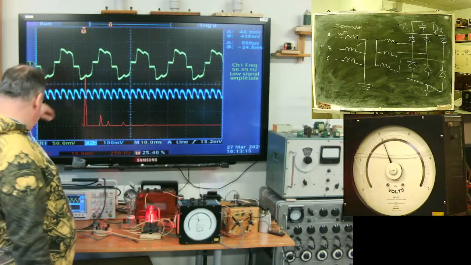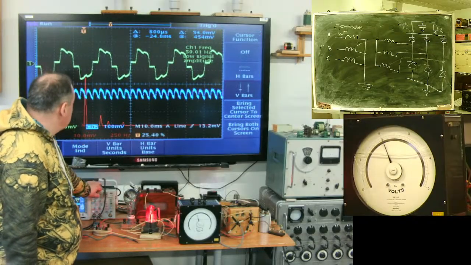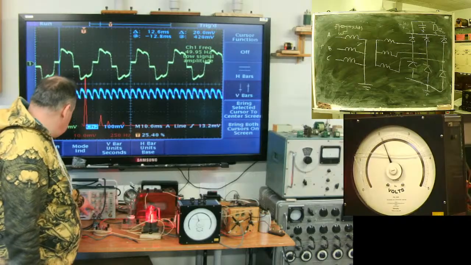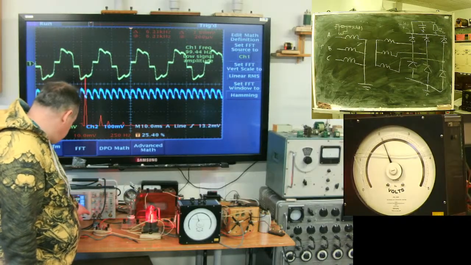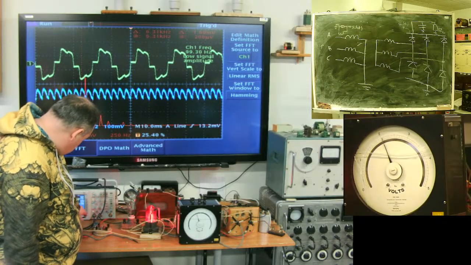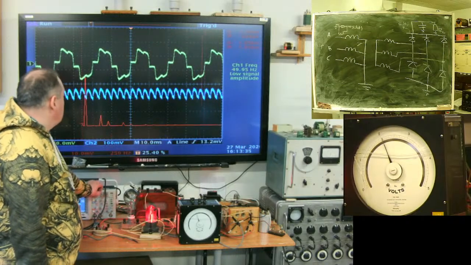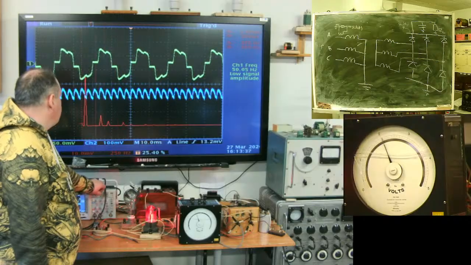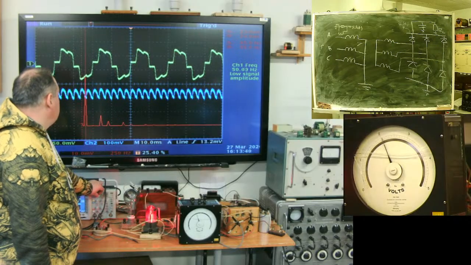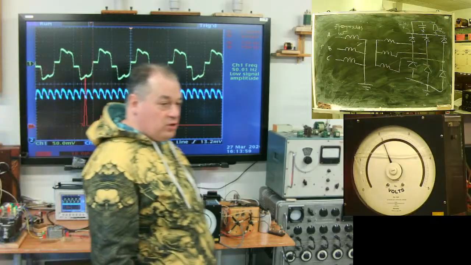What should be here? 50 Hz here, 150. Where is third harmonic? No third harmonic.